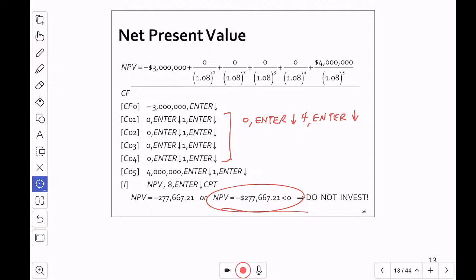Okay? It's not enough. The investment is not enough. The return is not enough to justify this expenditure.